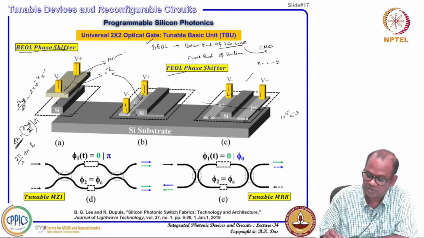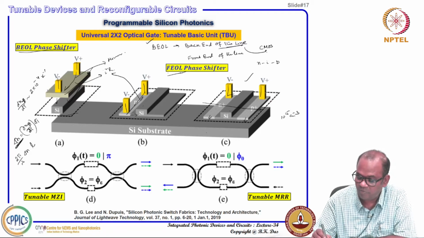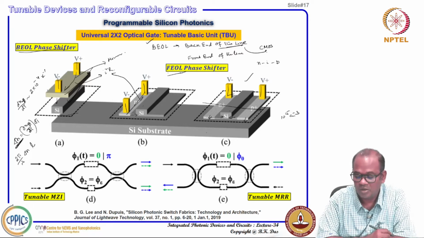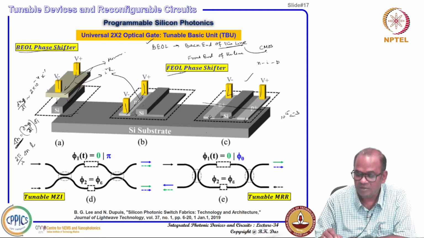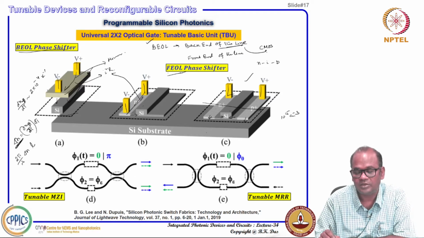If you give forward bias, what happens? The holes will be injected to this side, and here electrons will be injected to this side. And whenever you withdraw the forward bias, the carriers will again be depleted from the waveguide region.